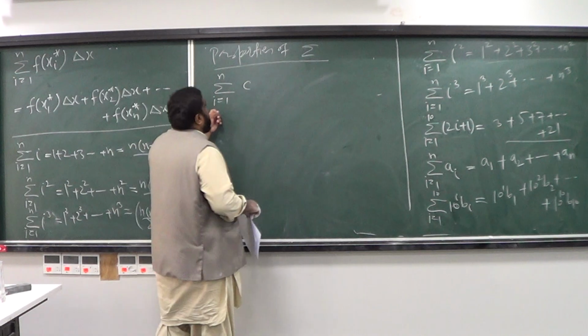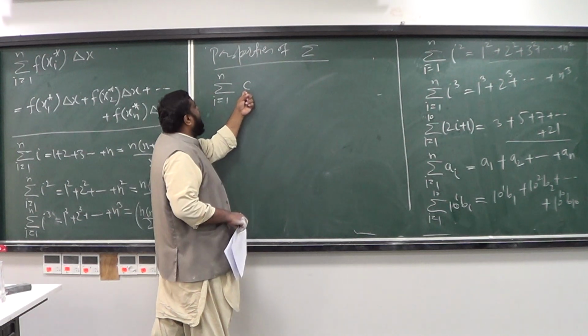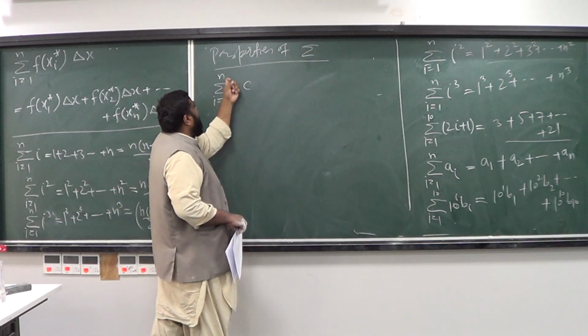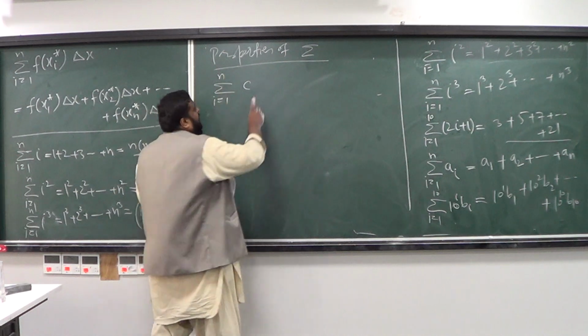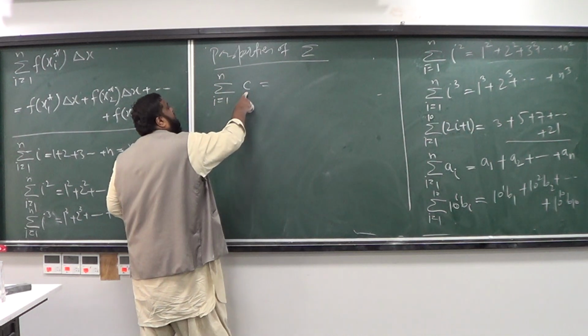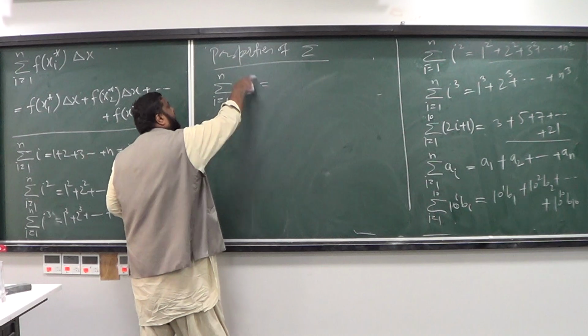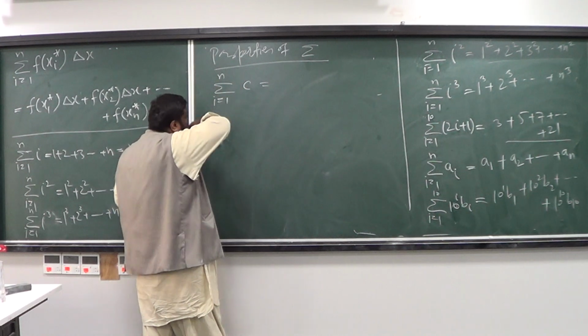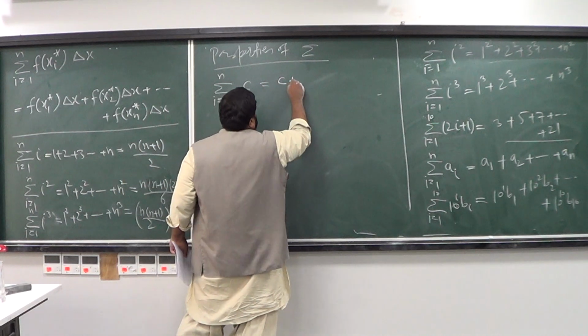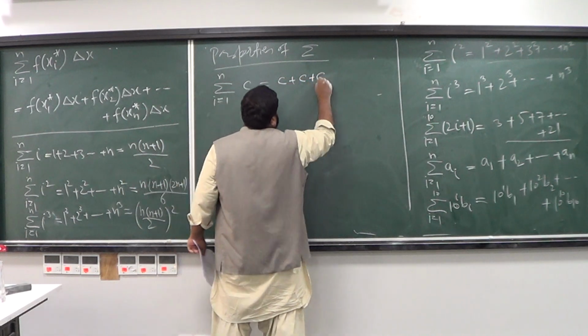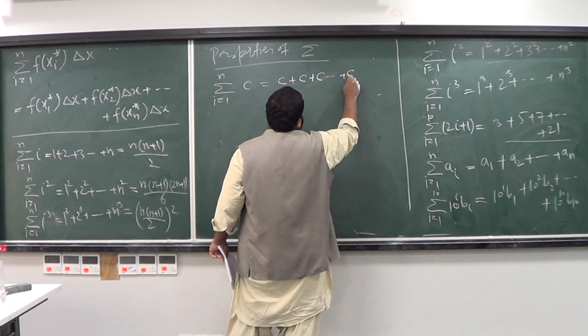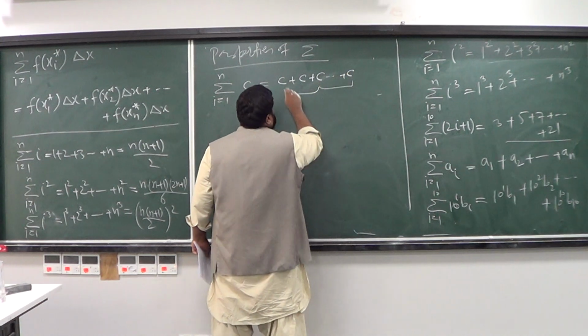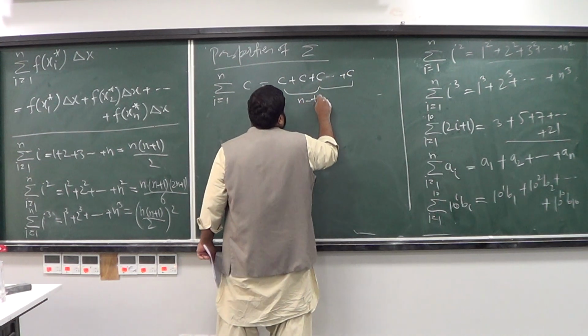The meaning is that you are taking this number and summing it again and again, n times. So this is C plus C plus C, and so on, plus C, n times.